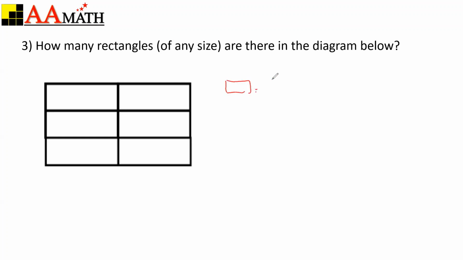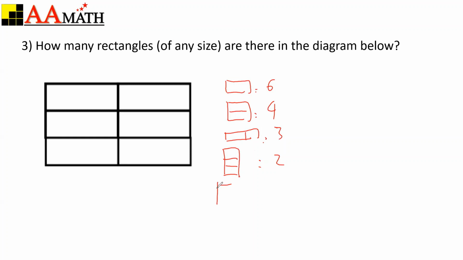There are 6 of these. Then we have these kind of, we have 1, 2, 3, 4. We have 4 of them. If we have this horizontal way, we have 1, 2, 3, 3 of them. So we have these 3. We have 1 and 2, we have 2 of them.